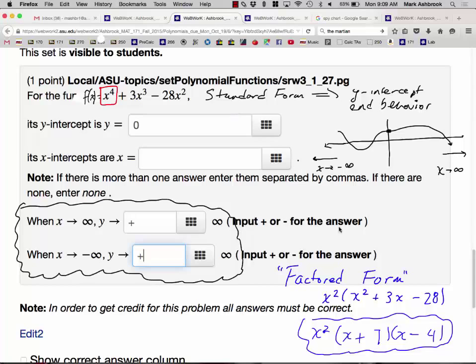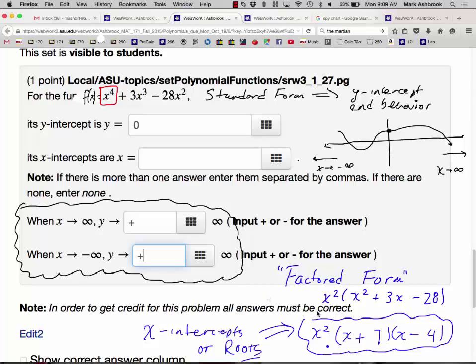The advantage to this is that factored form reveals x-intercepts or roots. Any x that makes any one of those factors 0 will make the whole function 0. That's what a root is, or an x-intercept.